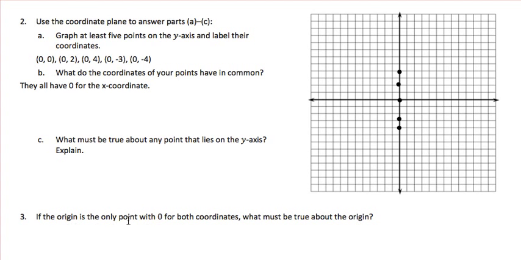If the origin is the only point with 0 for both coordinates, what must be true about the origin? It must be on both axes. Axes, that's plural for axis. It must be on both axes.